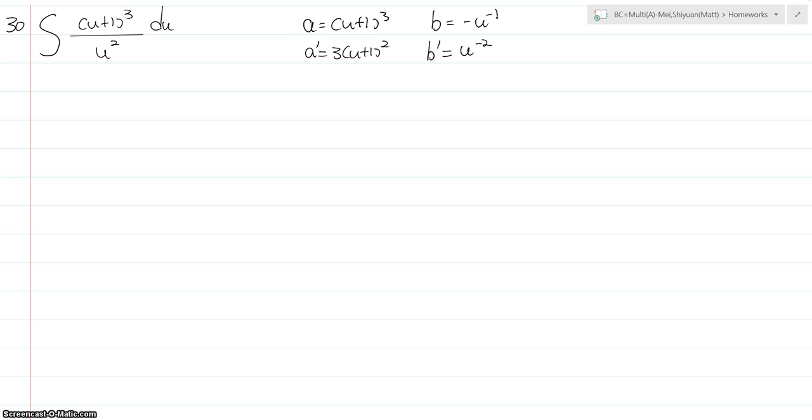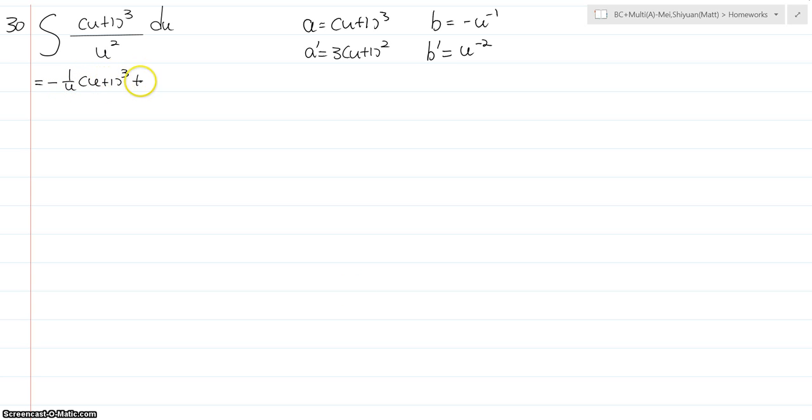So this chunk will be equal to, according to the integration by parts theorem, a times b minus the integral of a prime times b. So it's going to be negative 1 over u times (u plus 1) cubed, plus, there's a 3, I'll take 3.